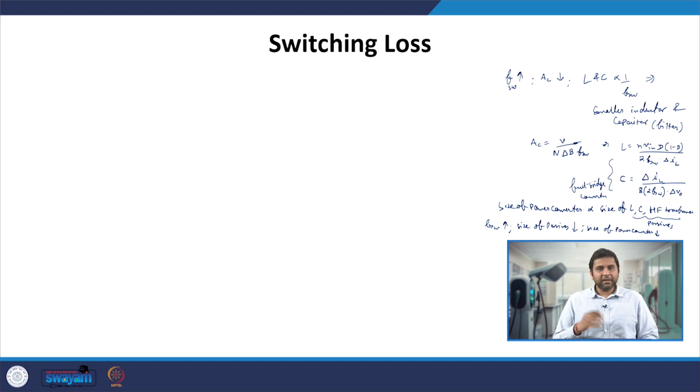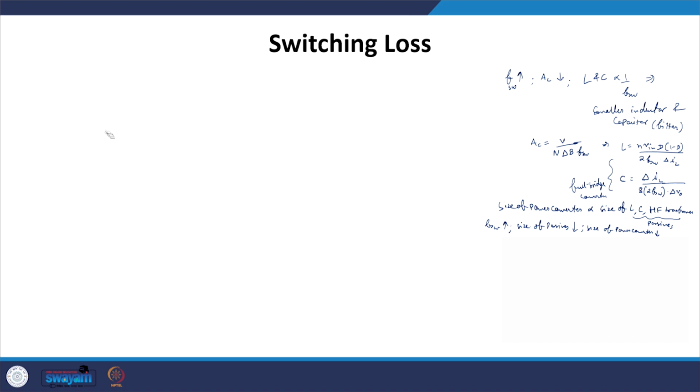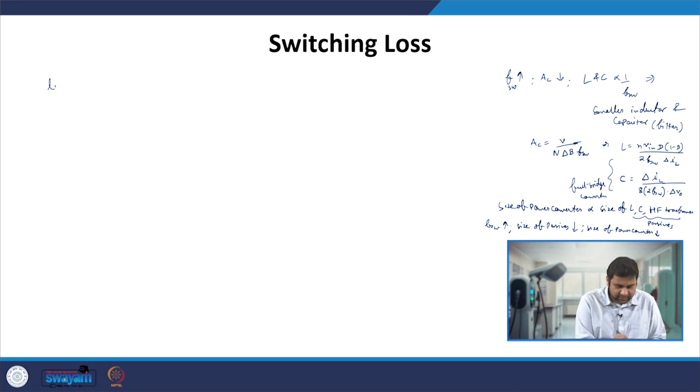Now let us try to understand what the switching losses will be, how we can evaluate them, and on which factors they depend. So for calculating switching loss, let us take a simple buck converter.